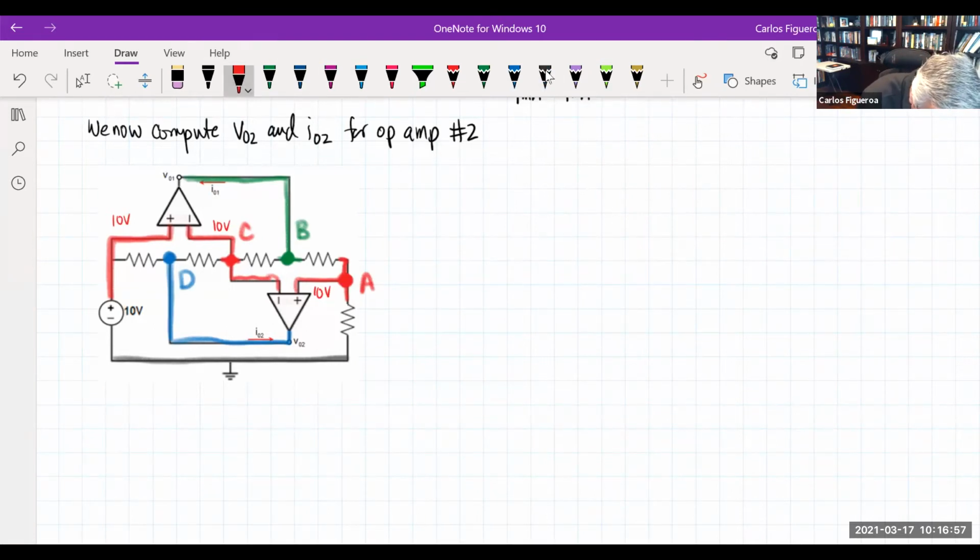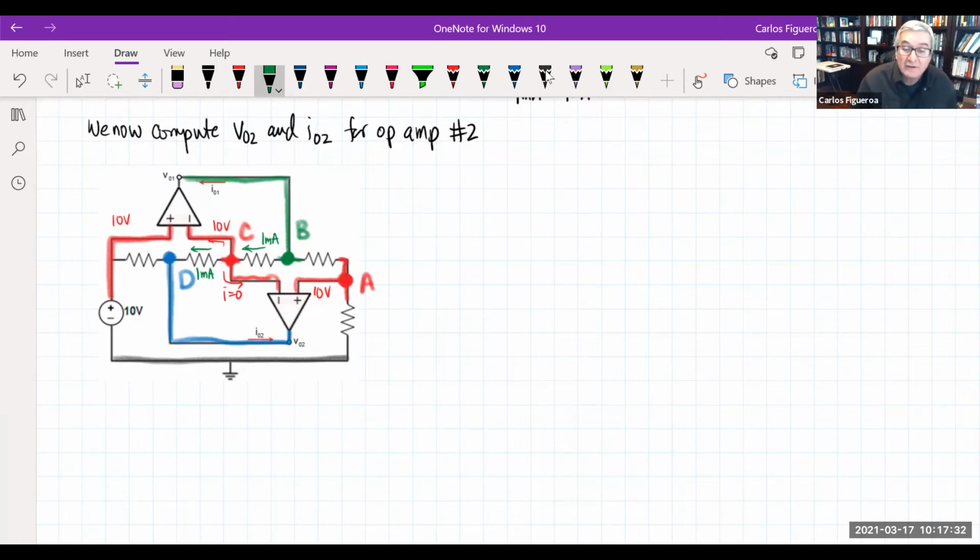If I look at the current here, and I look at the current here, all of these currents are 0. So the current is going this way at 1 milliamp. Therefore, the current coming here must be 1 milliamp too.